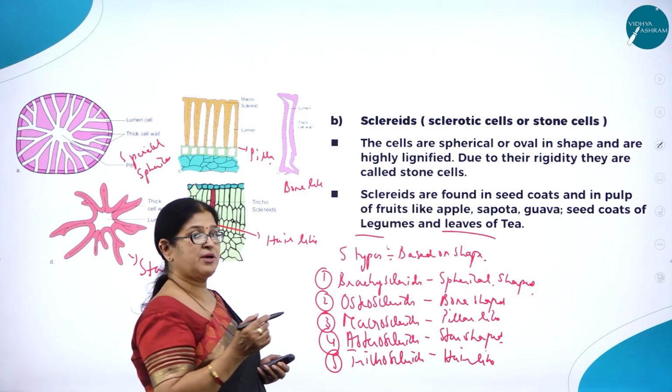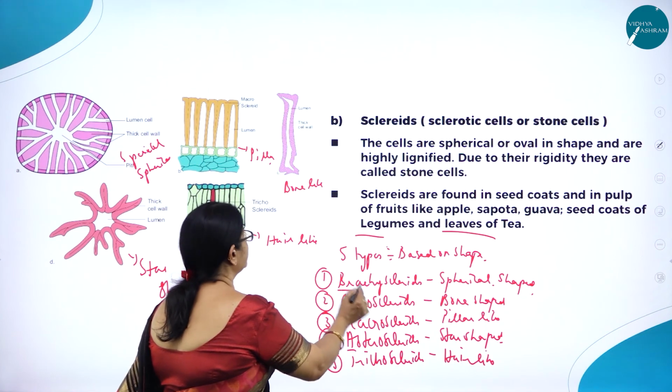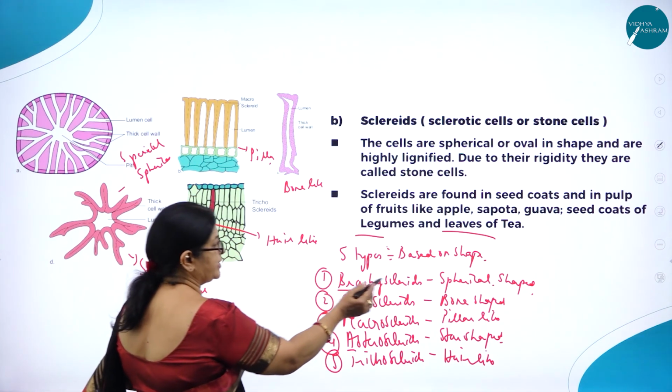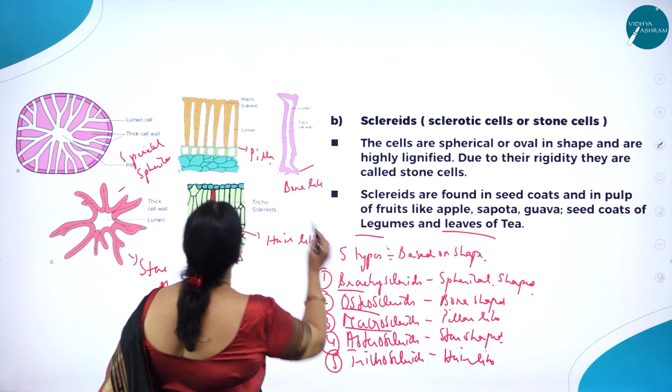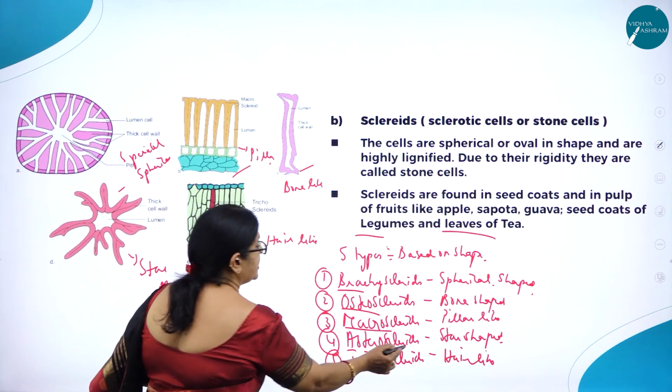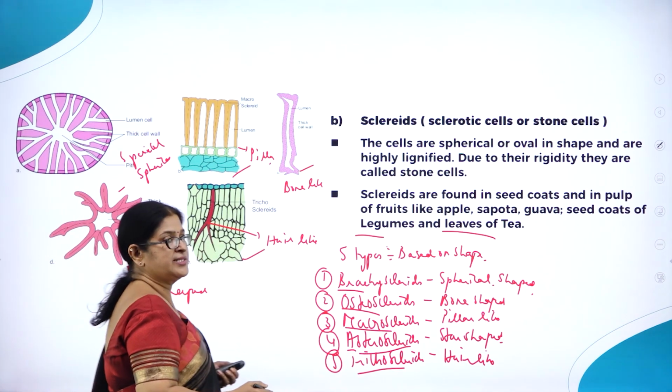These sclerids are classified into 5 types based on shape: brachysclerids, spherical; osteosclerids, bone-shaped; macrosclerids, pillar-like; asterosclerids, star-shaped; and trichosclerids, hair-like.